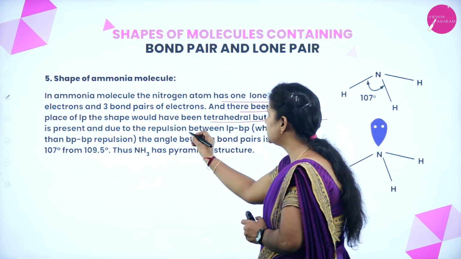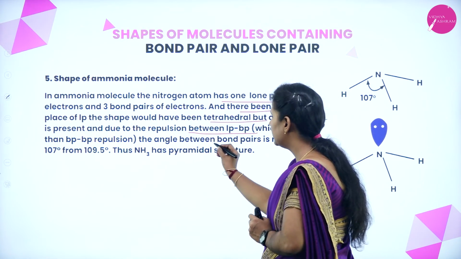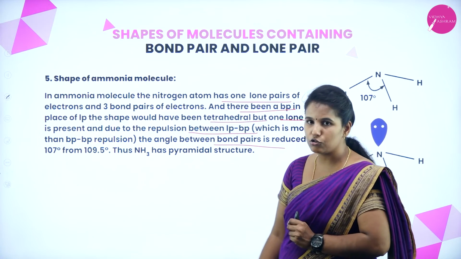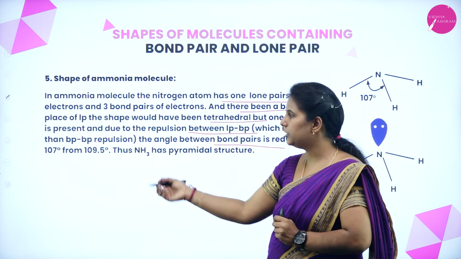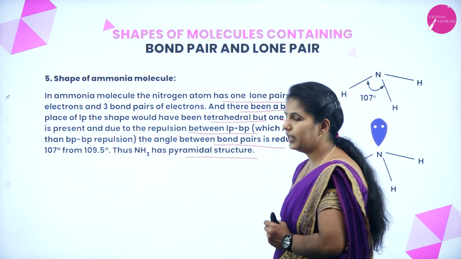Hence repulsions are caused by the lone pair and bond pairs, so the bond angle is reduced from 109.5 degrees to 107 degrees. So it has a pyramidal shape.